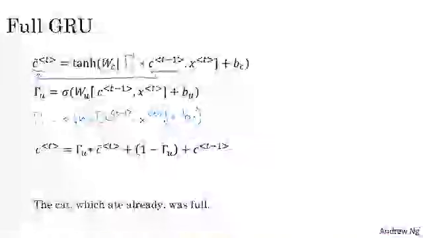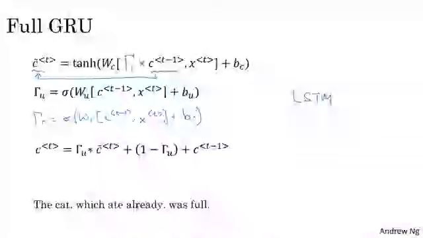And the other common version is called an LSTM, which stands for long short-term memory, which we'll talk about in the next video. But GRUs and LSTMs are two specific instantiations of this set of ideas that are most commonly used. Just one note on notation. I tried to define a consistent notation to make these ideas easier to understand.